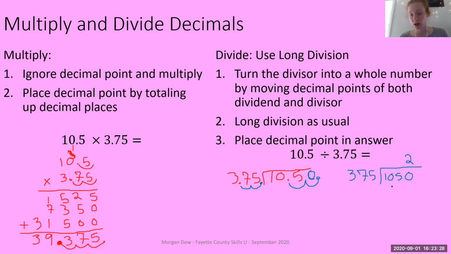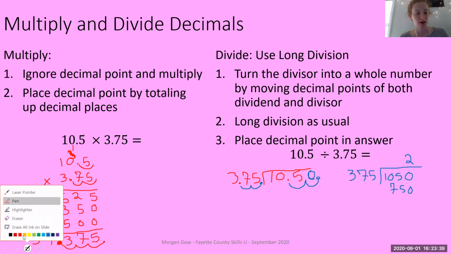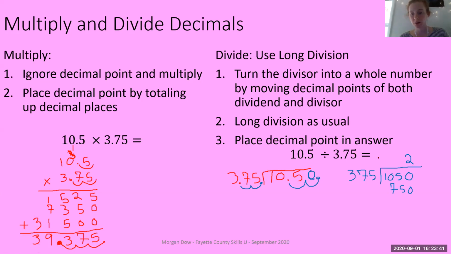375 times 2 is 750. And before I forget, to the last step here, right? We know ours is a whole number, so our decimal point is hiding right here. We're going to place our decimal point before we forget about it.